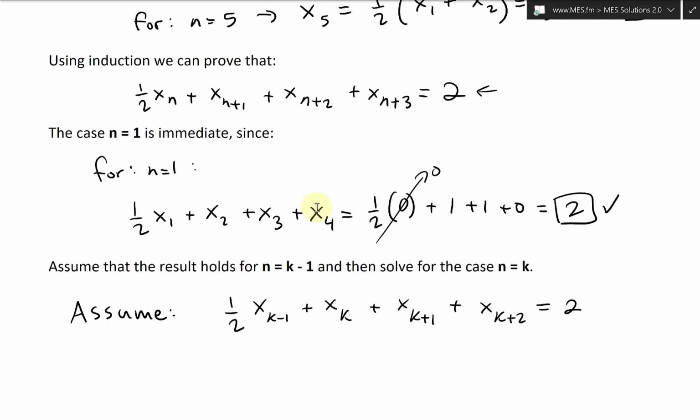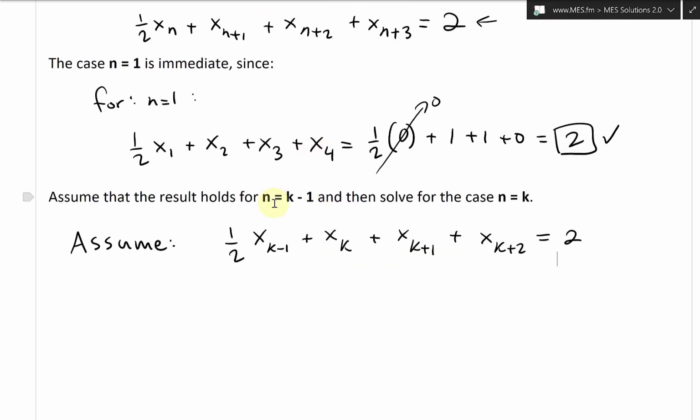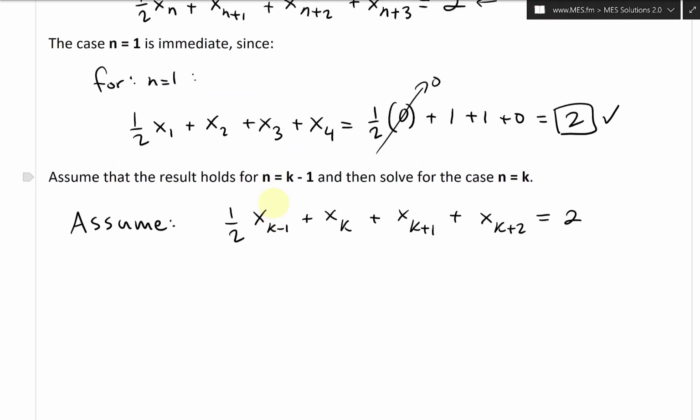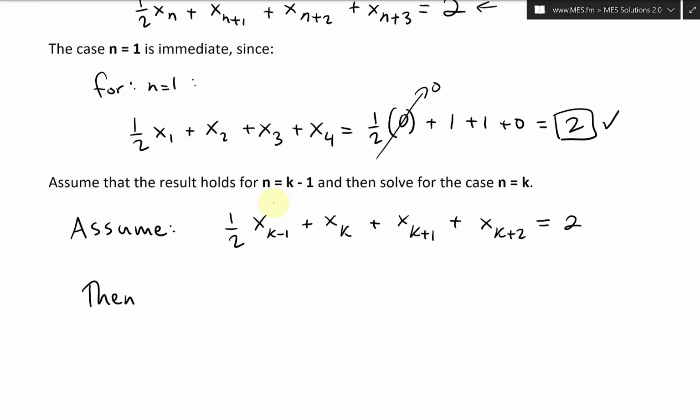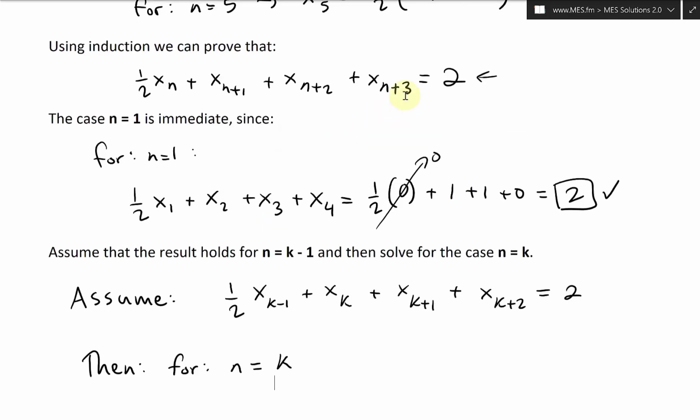Again, this is as per the mathematical induction we went over in the earlier problem. If we assume it's true, then for n equals k, notice n plus 3 when n is k minus 1 becomes k plus 2.